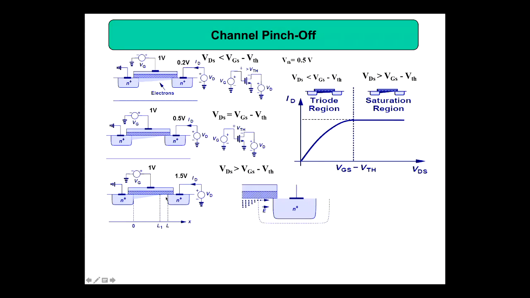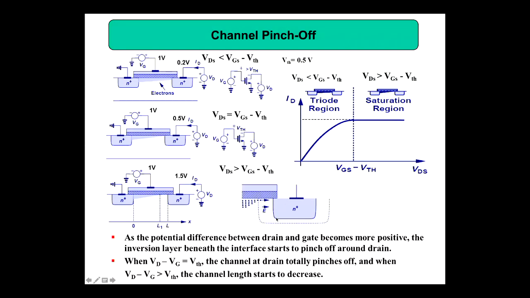That is a delta V, a small voltage difference between these two points. Because the gap is nanometers, the electric field here is very high, and that electric field helps the electrons move. That is the reason the electrons move from this region to this region with the help of this very large electric field.